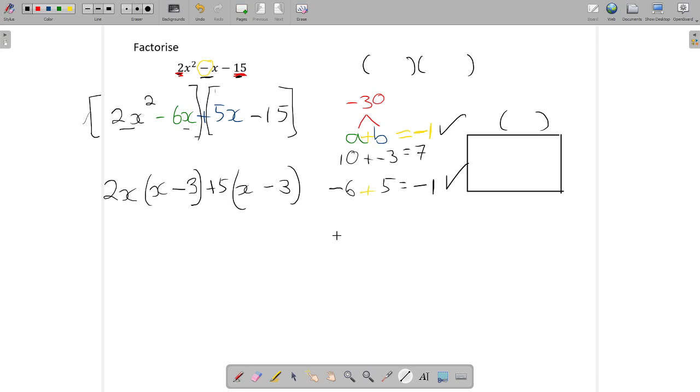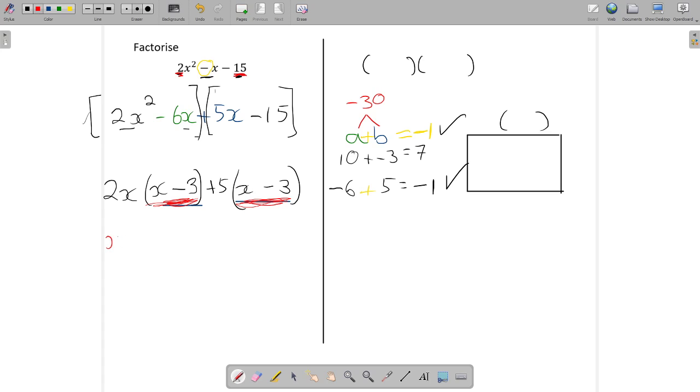What we now notice over here, let me just section it off for us, is that we can take out x minus 3 as a common factor. Can you see we've got two instances of x minus 3. x minus 3 appears there, it appears again there. So if we can take it out as a common factor, let's do that.